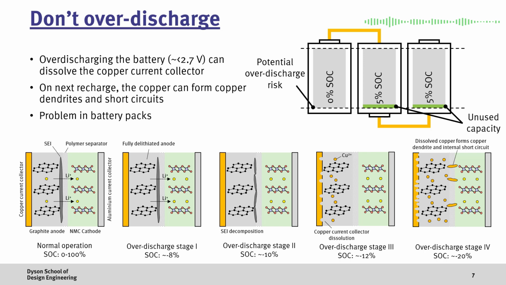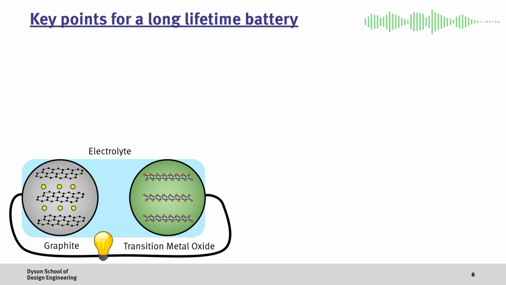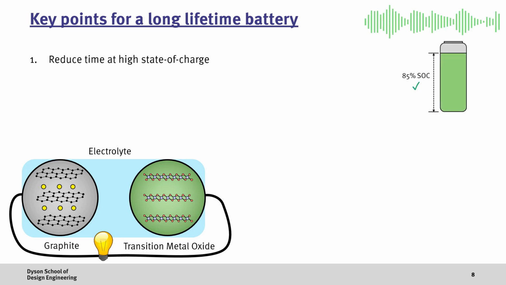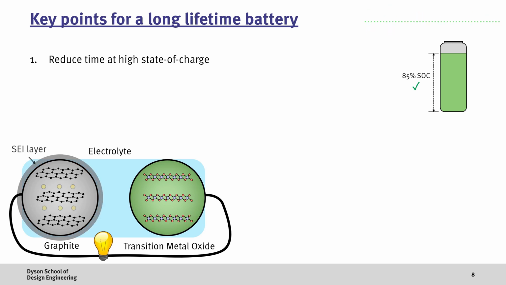So, to conclude, here are the key points for how to extend the lifetime of a lithium-ion battery. Firstly, you'll want to reduce the amount of time at high states of charge, where the optimum is around 85%. The reason for this is that at high states of charge, the solid electrolyte interface layer grows much faster, which leads to capacity and power fade.